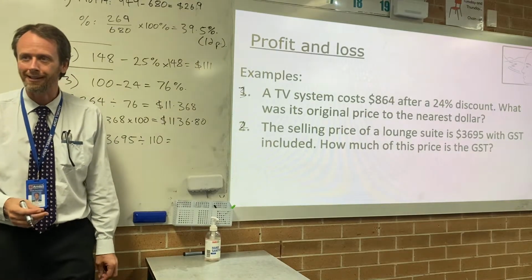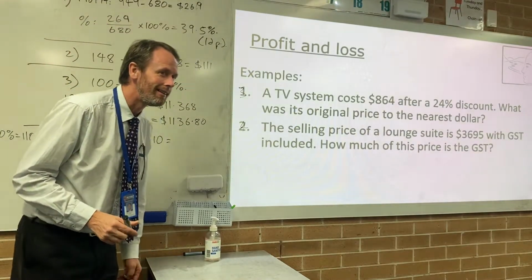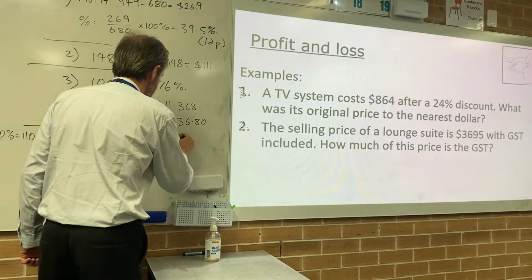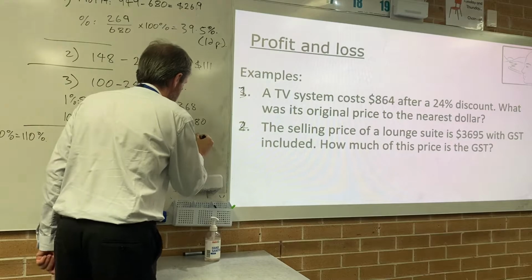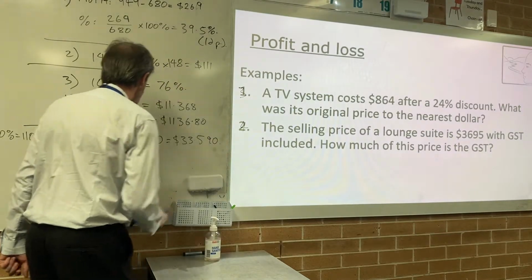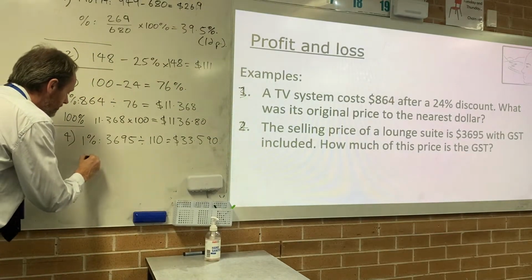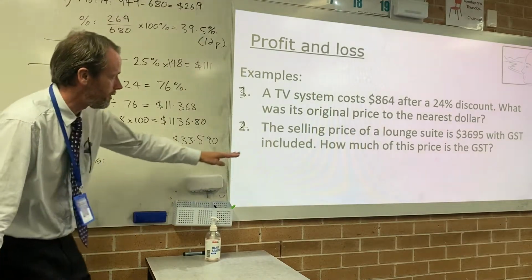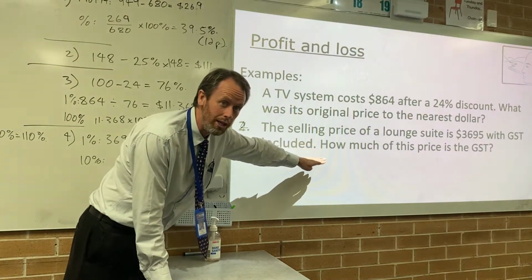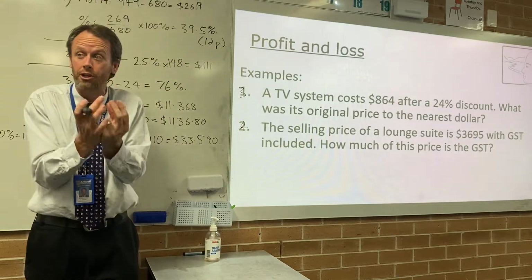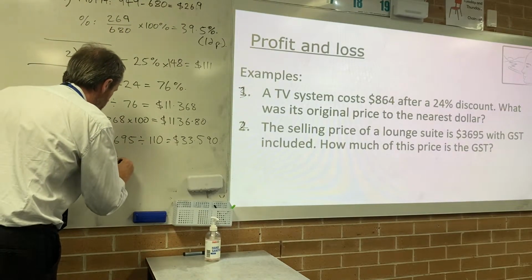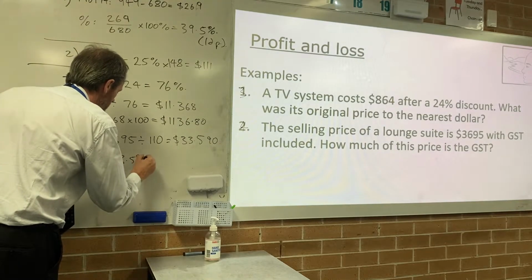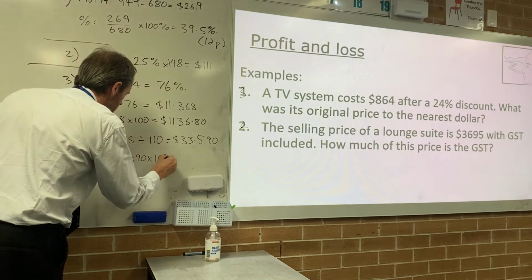Someone needs to grab their calculator. 33.590. Then we want to find 10%. Let me show you how much of this price is the GST. So we want to find the 10% amount. So we just need to do 33.590 times 10.